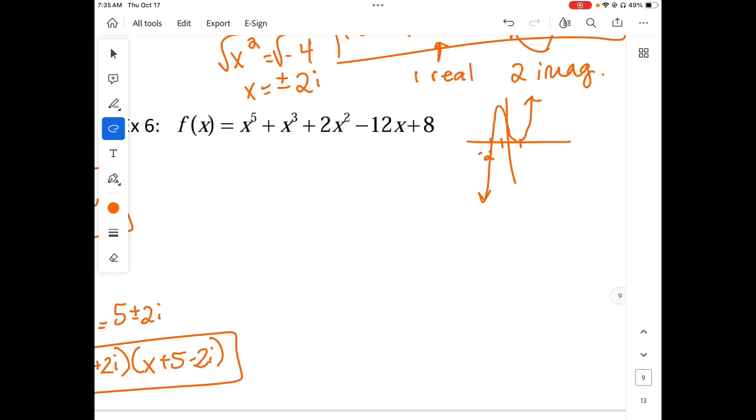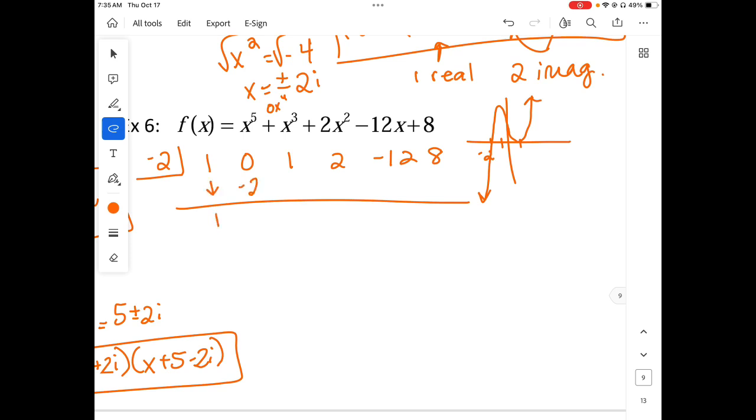All right, so we're going to start with the -2. So 1, oh, there's a 0 x to the 4th. 0, 1, 2, -12, and 8. Let's go ahead and do our synthetic division. Oh, so that worked out.